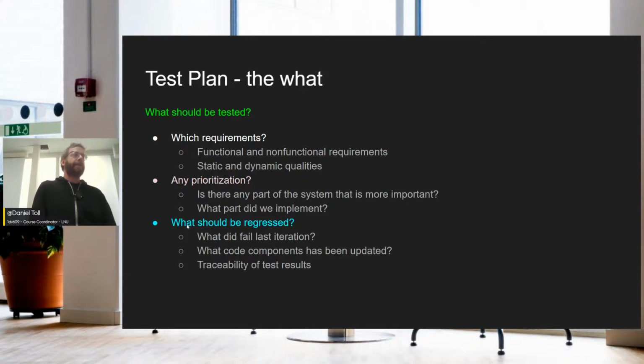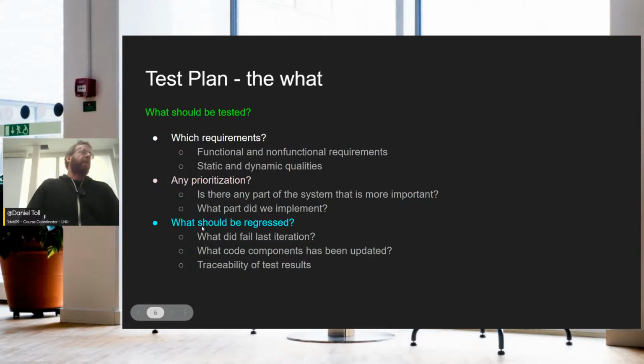But maybe there are parts of the system that are so important, like security is often that important, like the authentication system. Maybe we need to run that every iteration, because if we not only run the tests for the authentication system during development of it, but we also run it every iteration after that, we're going to be pretty sure that the authentication system is solid in the end.